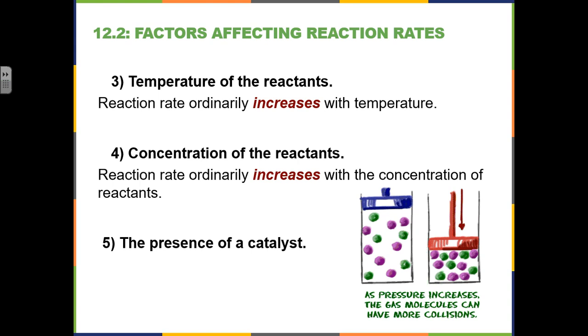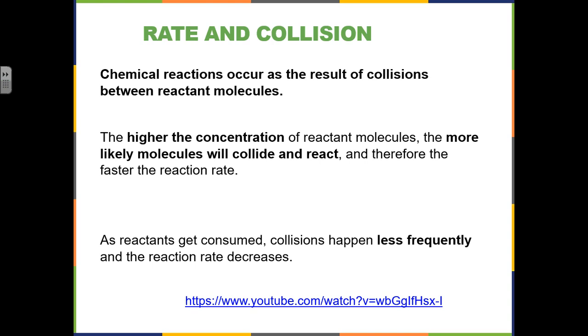However, decreasing would have an alternative effect where it would actually reduce the rate of reaction. And then lastly, you have the presence of a catalyst, which works on a chemical level to induce a reaction to perform. And we'll talk about that in a little bit more detail a little bit later.